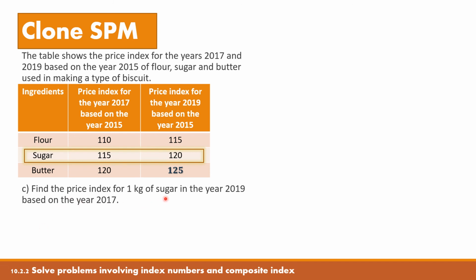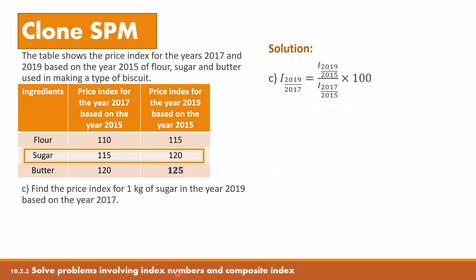So because we are talking about sugar, let's just concentrate on the price index for sugar in year 2017 and also year 2019. So as we can see here, to get the price index for 2019 based on 2017, we will use the price index for 2019 based on 2015 divided by the price index of 2017 based on 2015.